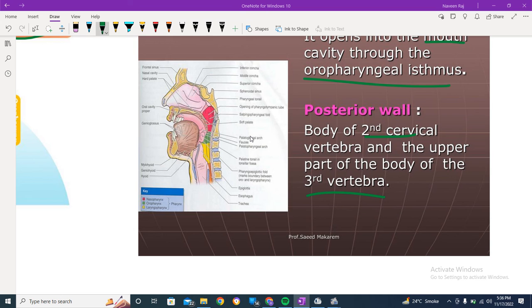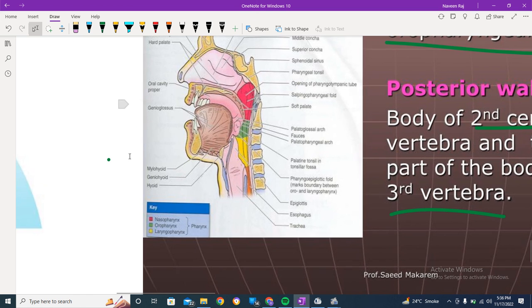Hopefully we'll have two to three parts, describing the proper anatomical structures of the nasopharynx, oropharynx, and laryngopharynx. This is just part one, an overview. I've just explained with diagrams what is required.